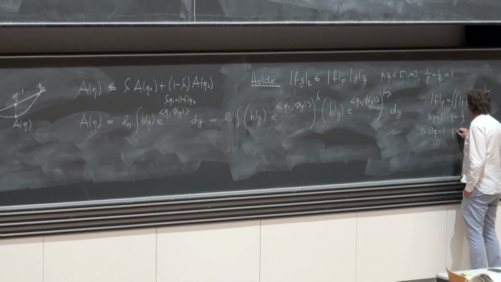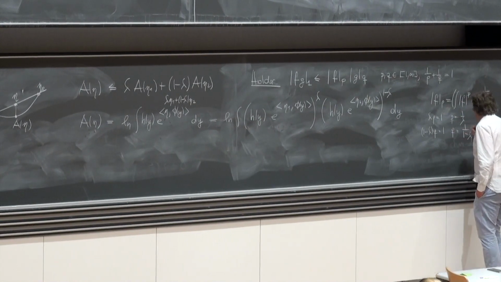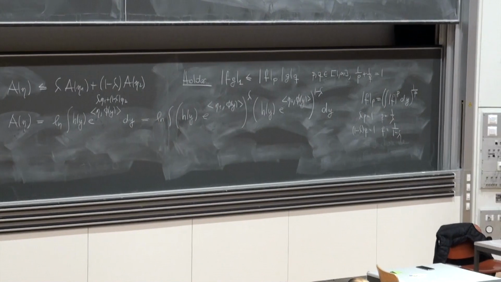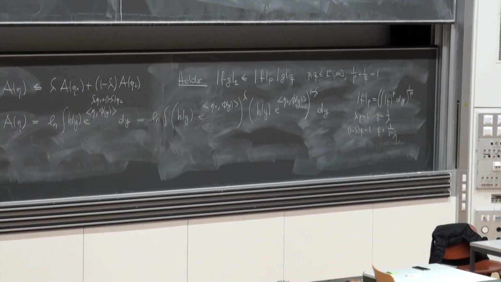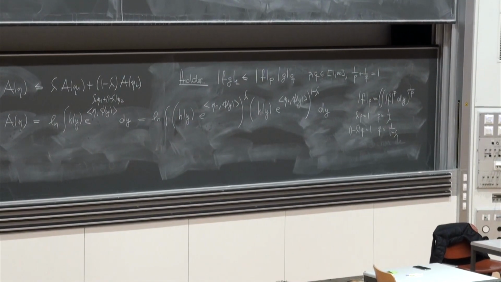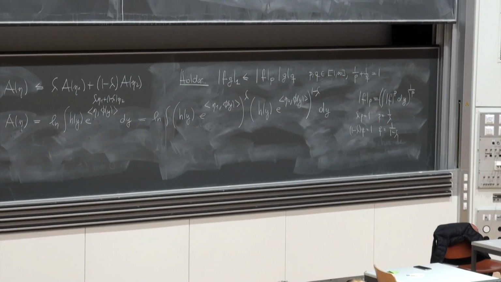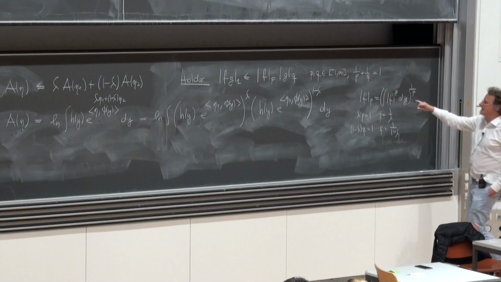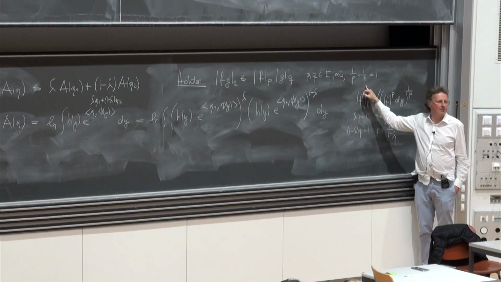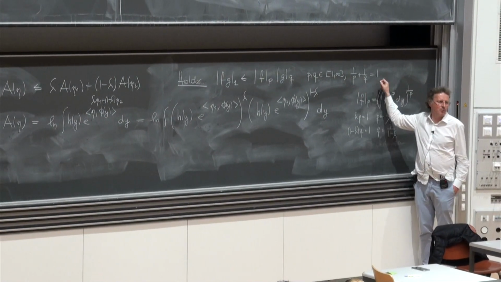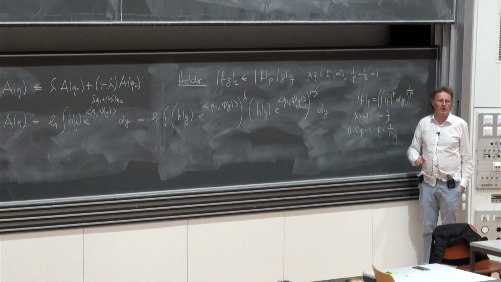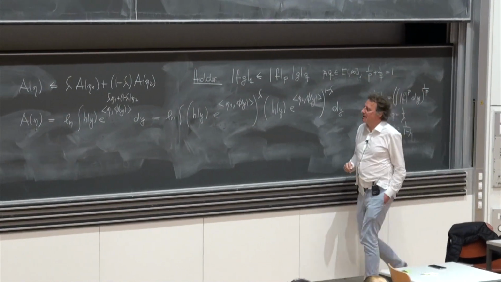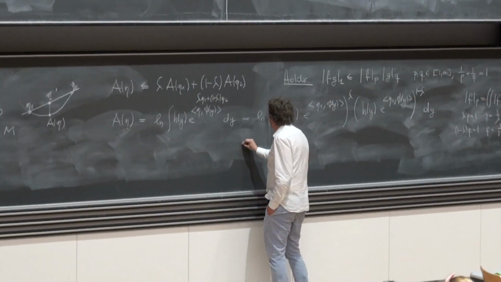So this means q should be 1 over 1 minus lambda. And since lambda and 1 minus lambda are between 0 and 1, this means that their inverses are between 1 and infinity, so that fulfills the condition. And also we know that the sum of these two inverses is of course lambda plus 1 minus lambda, which is equal to 1. So everything works out.